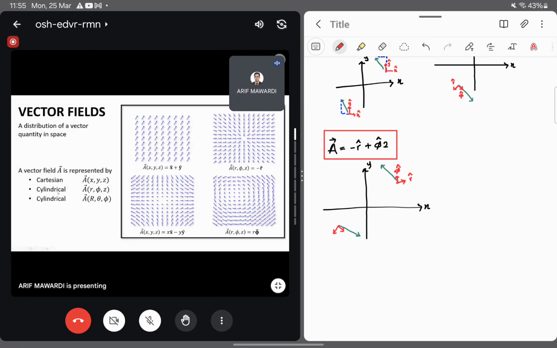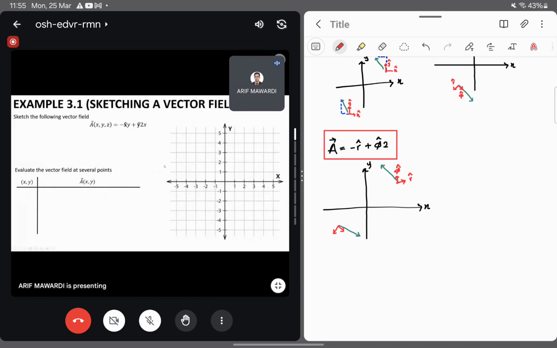In the cylindrical coordinate system, A is a function of the cylindrical coordinate variables. And this should be spherical, sorry, there's a typo, I'll correct this. In the spherical coordinate system, I have a vector that depends on the spherical coordinate variables.